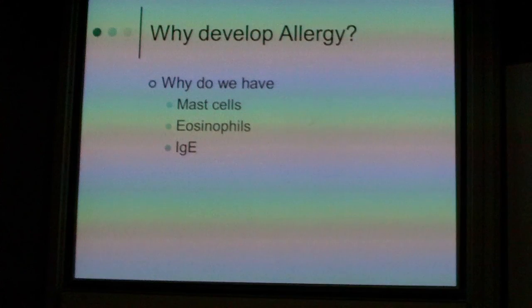They are meant for doing something good in the immune response. So we should know a little bit what is the real role for mast cells besides inducing allergy, what is the real role for eosinophils, and the real role for IgE in aspects which are related to good immune responses.